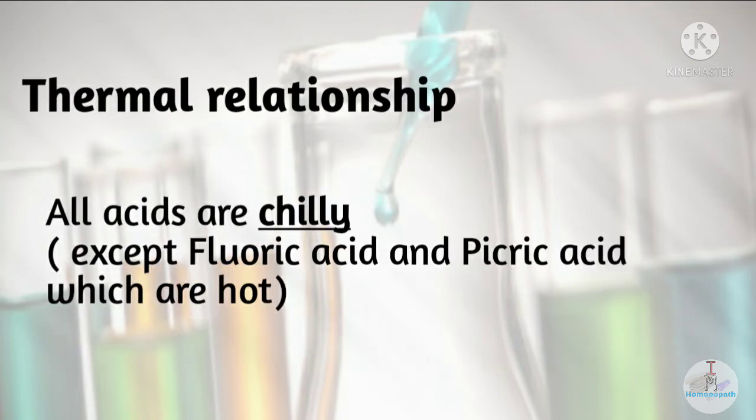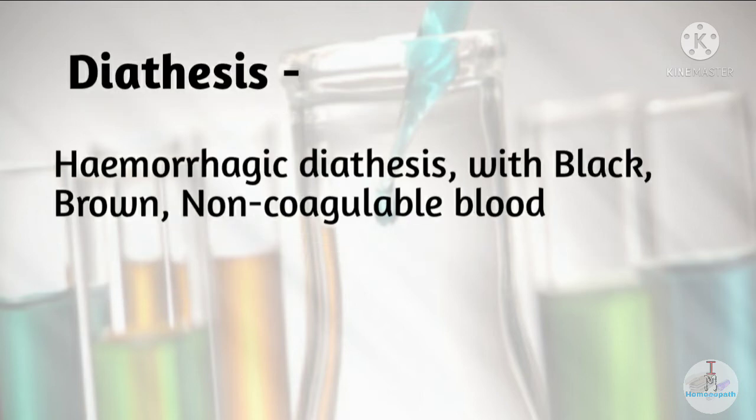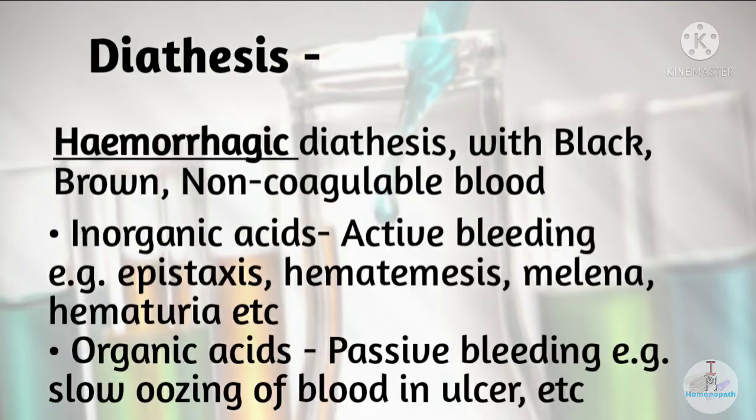Thermal relationship, all acids are chilly, that is they are easily affected by the cold in general, except fluoric acid and picric acid, which are hot. Diathesis, hemorrhagic diathesis with black brown non-coagulable blood.